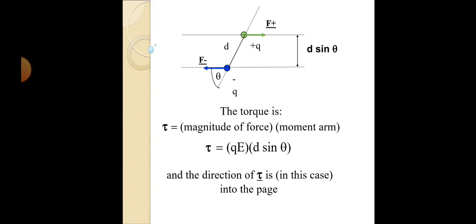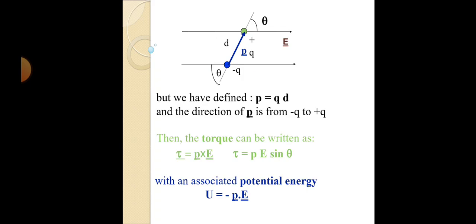Then the torque is written as tau vector equals p vector cross E vector, or as a scalar, tau equals p E sine theta, with an associated potential energy U equals minus p dot E.